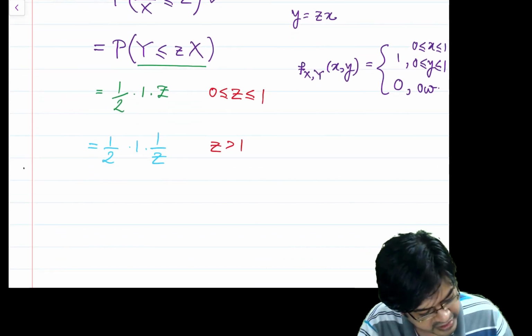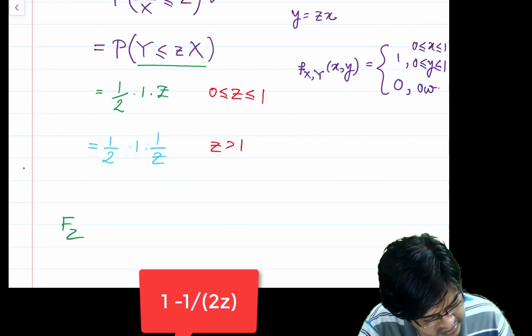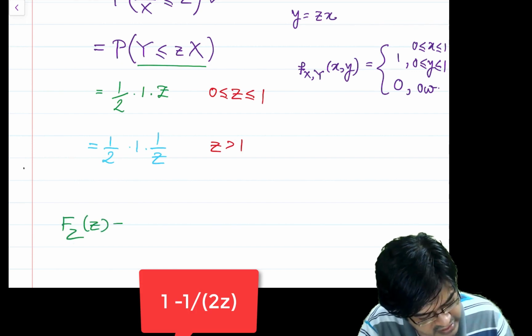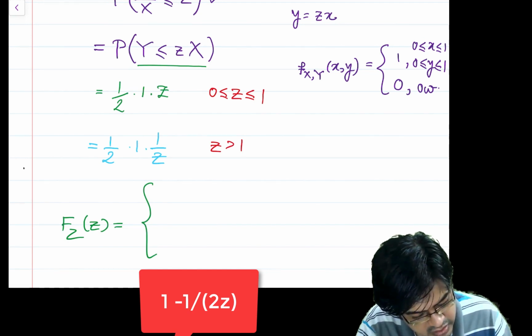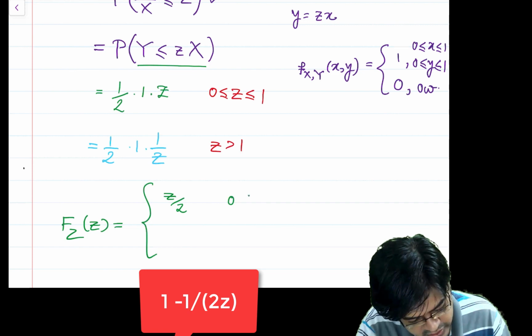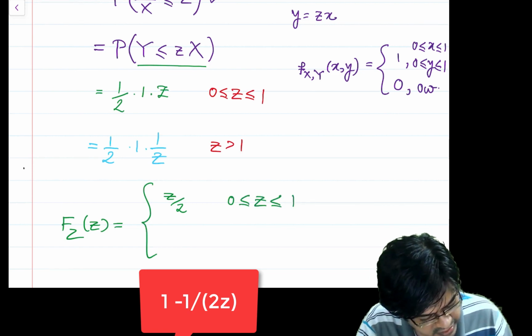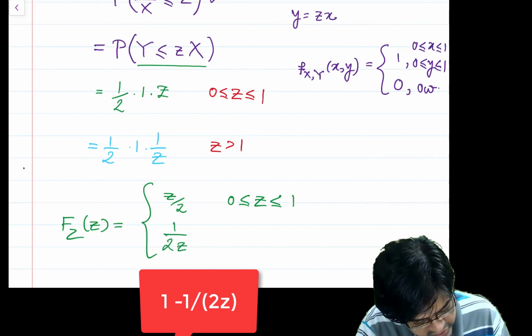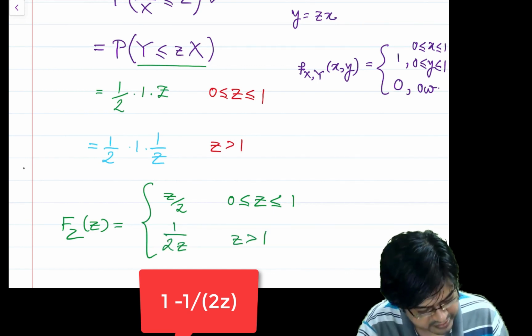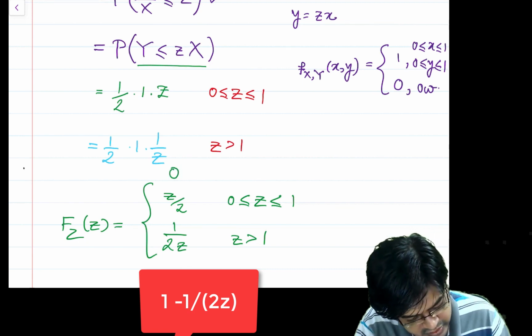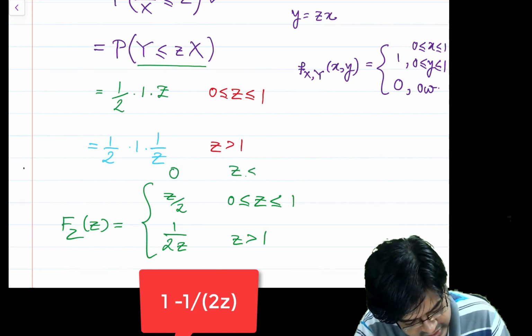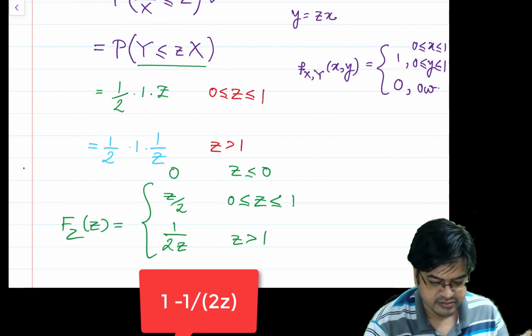That's all. So I have the answer. Very good. So my F_Z(z) is equal to z by 2 when 0 less than or equal to z less than or equal to 1, and 1 by 2z for z greater than 1, and 0 for z less than or equal to 0, right?